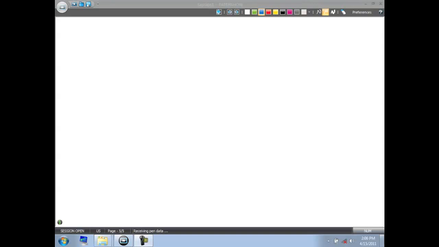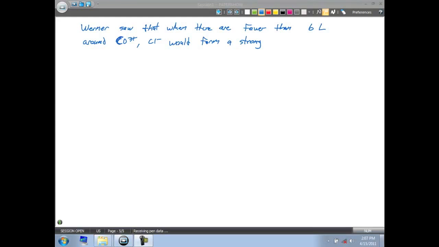So Werner saw that when there are fewer than 6 ligands around Co3+, Cl- would form a strong bond to the cobalt 3+, making the coordination number equal to 6.